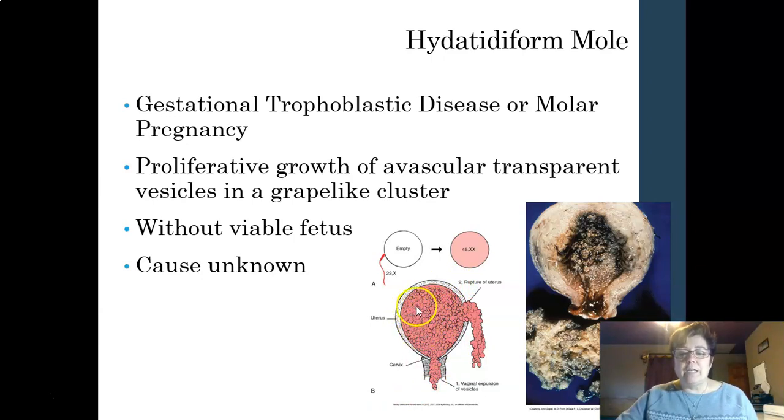Well, these are just actual liquid-filled vesicles, and this is what it looks like in reality. Okay, the key here to remember is that fertilization did not happen the way it was supposed to, and there is not a viable fetus. So even though it is called a molar pregnancy, there is not a fetus present.